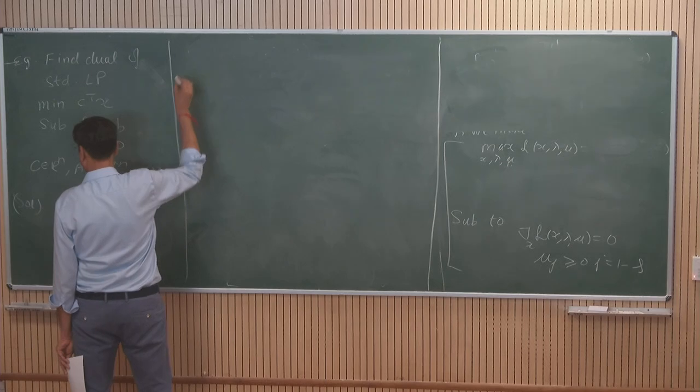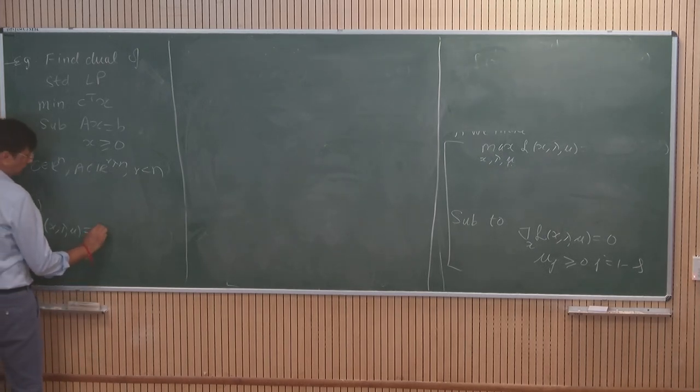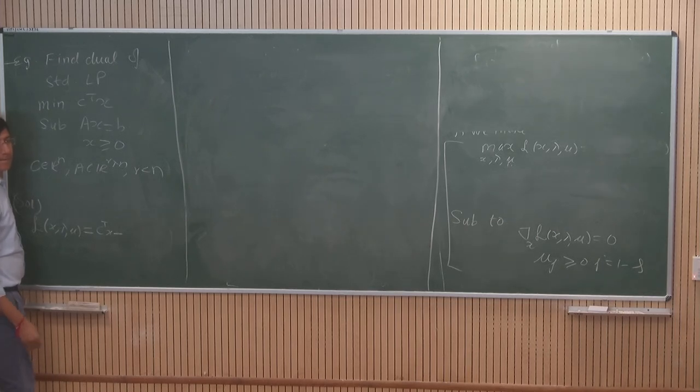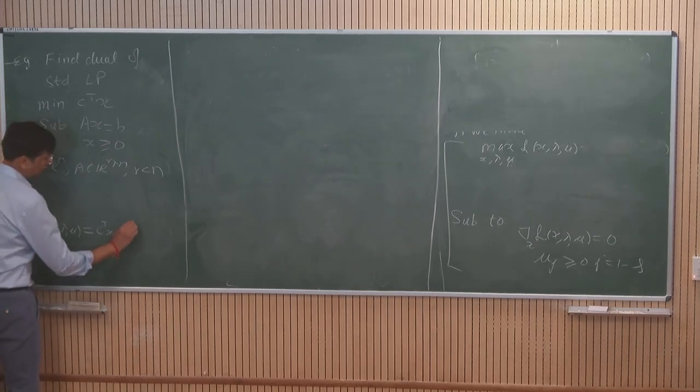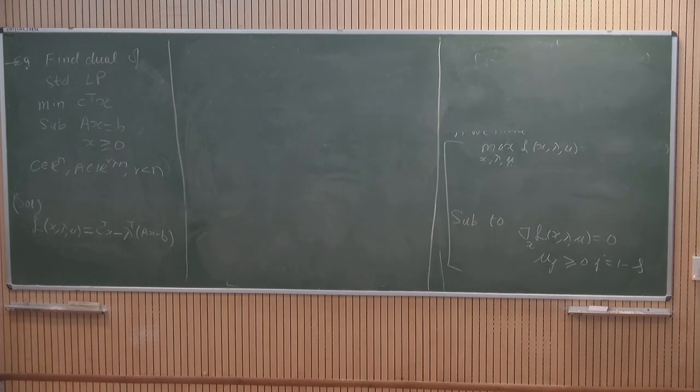So L of x, lambda, mu is what? Tell me. c transpose x minus lambda transpose (Ax minus b), correct? So lambda 1 times the first row plus lambda 2 times the second row plus lambda r times the last row.